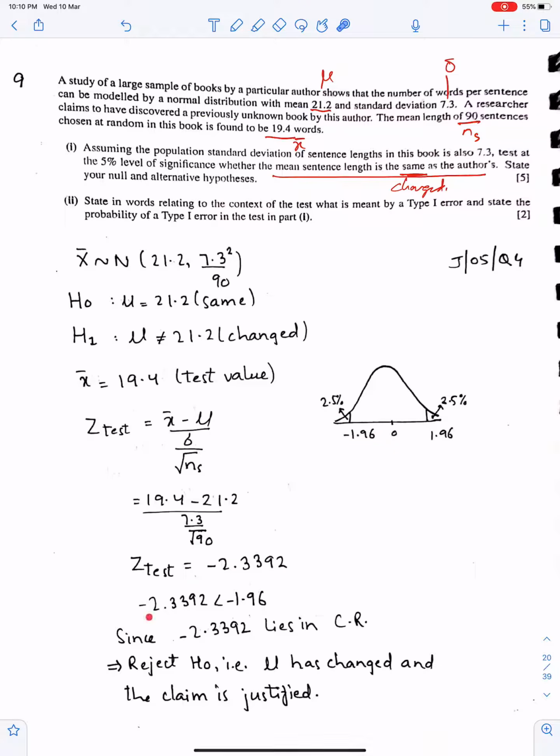Since this value is less than minus 1.96, therefore this number lies in critical region, so reject H naught, meaning you have to accept that mu has changed, accept the claim. We won't do this part.